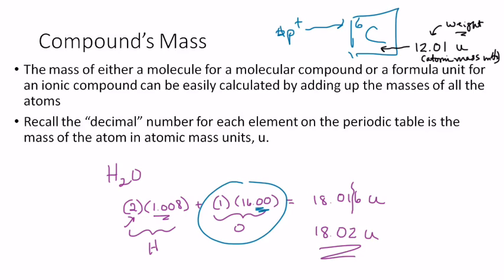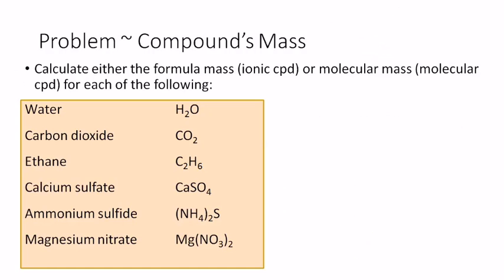That is what we call the molecular mass of a water molecule. We did this one, right? I'm going to turn you loose on a quiz question here in a minute. So this was 18.02 U's.